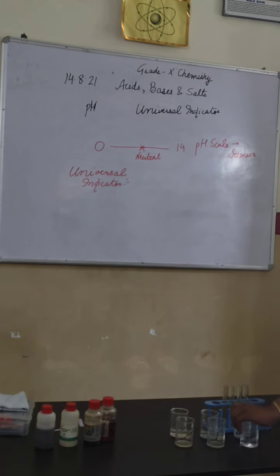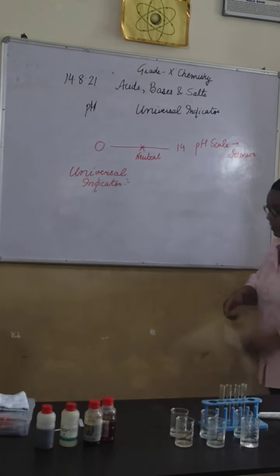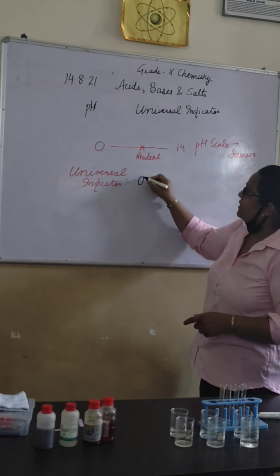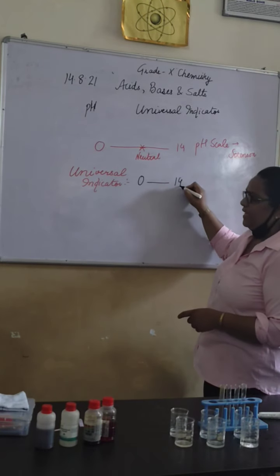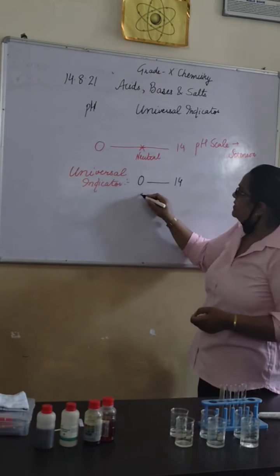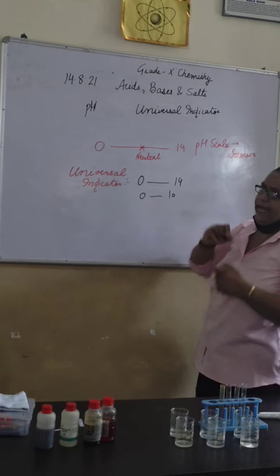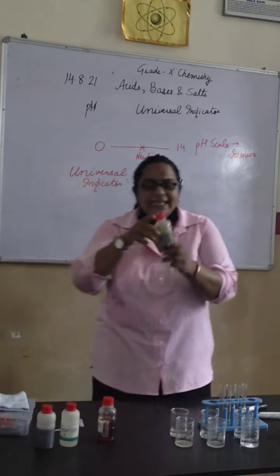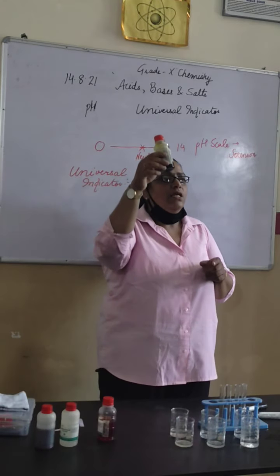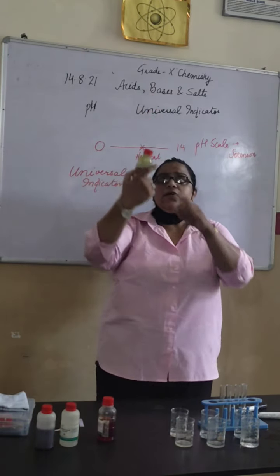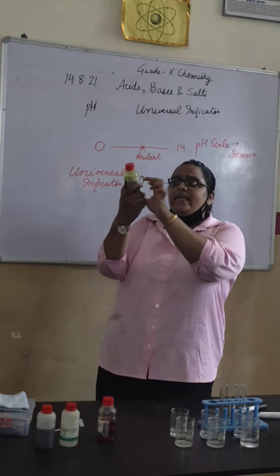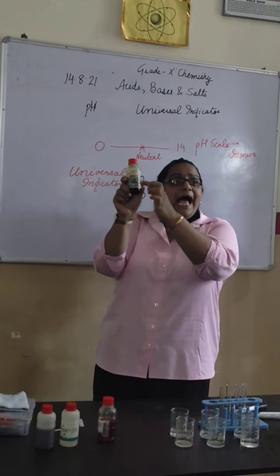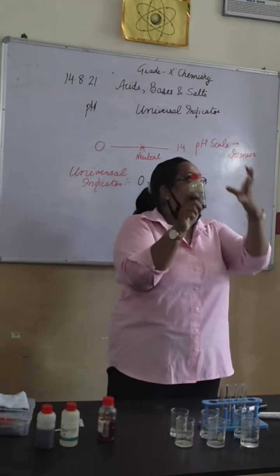So, on universal indicator, there is a marking from 0 to 14, or in some indicators there is a marking from 0 to 10. Okay? So, see, we have universal indicator. See this bottle, it is universal indicator. If you see, it has marking from 0 to 10 and also shows different colors.